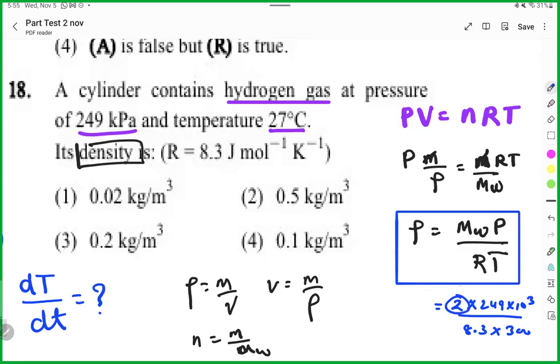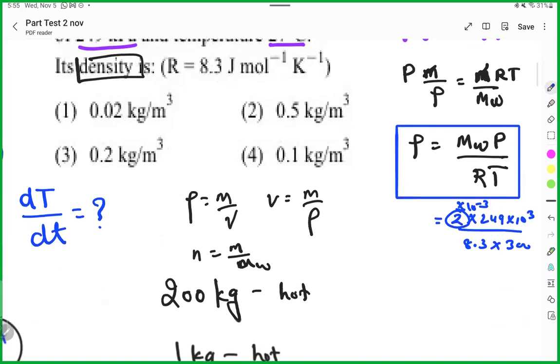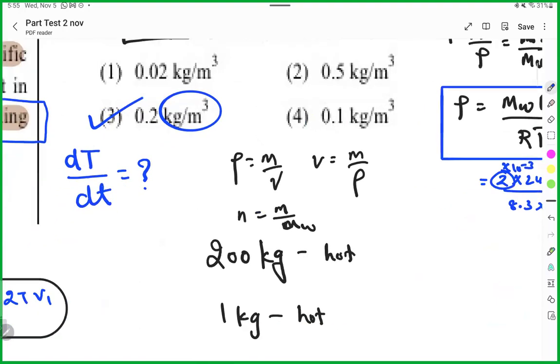Not 2, sorry, 2 into 10 to the power minus 3. Why? 2 gram, we have to convert into the standard unit kilogram. That's why 2 into 10 to the power minus 3. So you will get the answer in kilogram because the unit is given in kilogram. Any doubt, guys? PV is equal to nRT, the simple ideal gas equation.